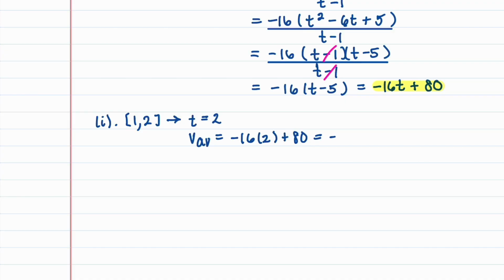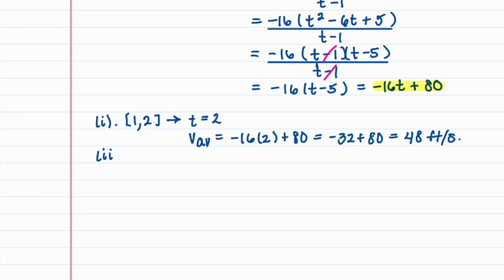This is minus 32 plus 80. So we get a value of 48, and we always need to put our units in. Our average velocity is going to be feet per second because it was delta y, which was in terms of feet, divided by delta t, which was in terms of seconds.